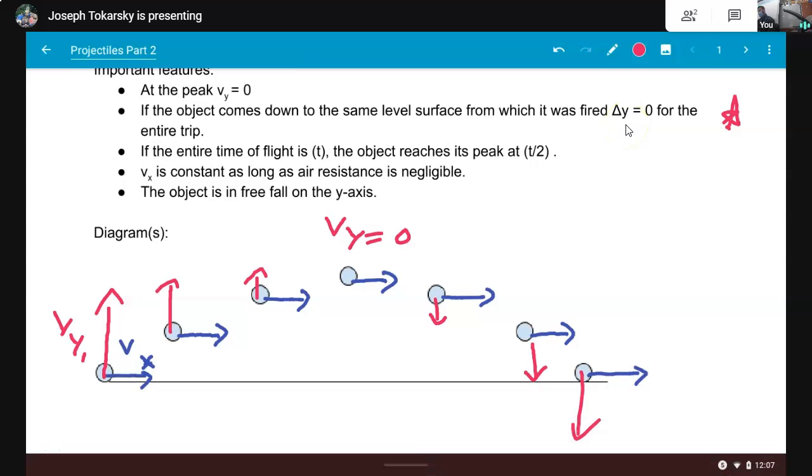So that means when I get to this position right here at the end, delta y equals 0. Remember, that just means the y displacement. Remember what we learned about displacement a long time ago, when we first learned the definitions in the first week or two of school. Displacement is from where you started to where you what?